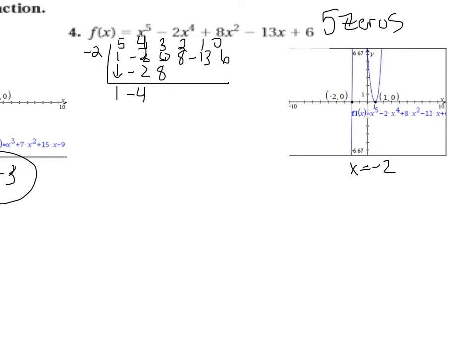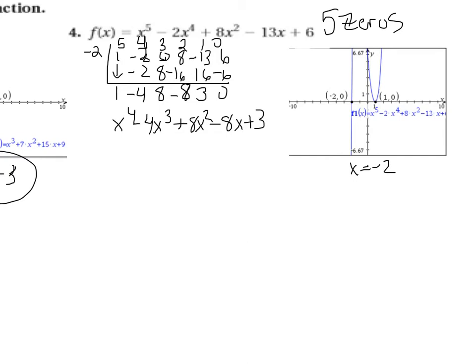You get 8. 4 times -2 is -8, so you have 8. 8 times -2 is -16, positive 16, 3, negative 6, 0. So now I have x to the fourth minus 4x to the third plus 8x squared minus 8x plus 3.